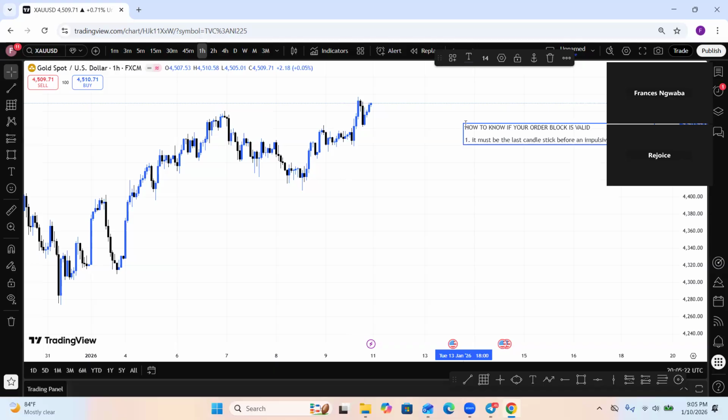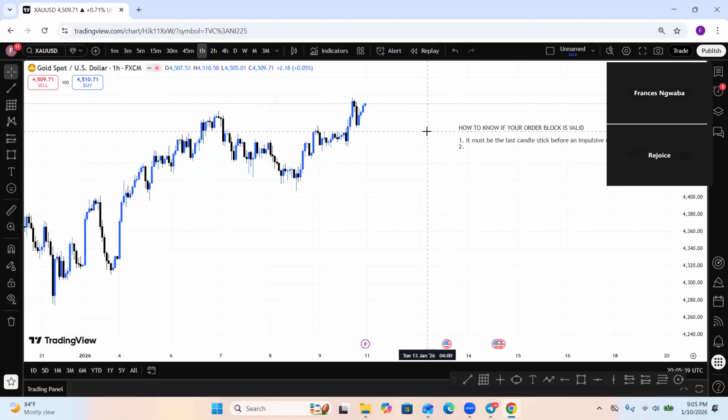Okay, let's just write: it must be the last candlestick before an impulsive movement in an origin. Do you understand what the sentence means? Yes.